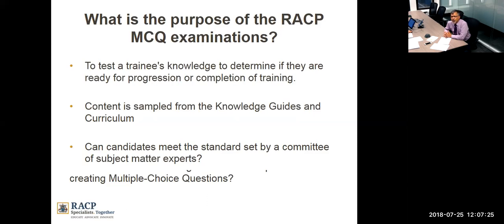The question that we always ask ourselves, given the purpose of our exams, is how best can we assess the candidates to see if they meet the standard that they need for this progression or for gaining fellowship.